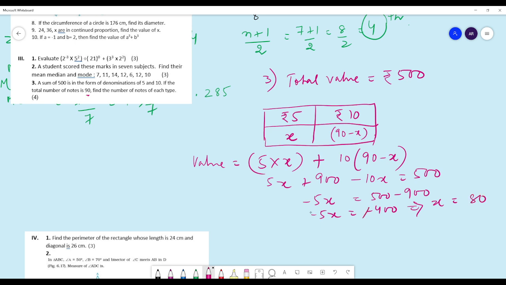Now you cancel out both of these because both of them have negative sign on both sides, so they can be cancelled out. So this gives you x as 80. So the number of 5 rupee notes is 80 and the number of 10 rupee notes will be obviously 10, because total there are 90 notes in all. So that gives you the solution for the third question.